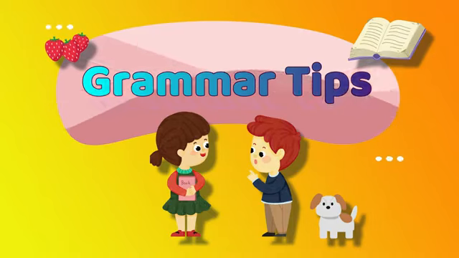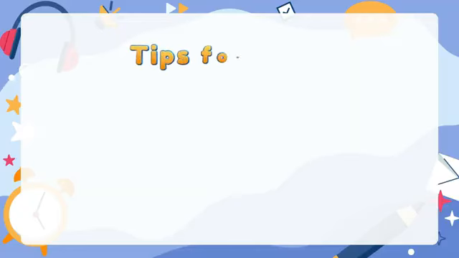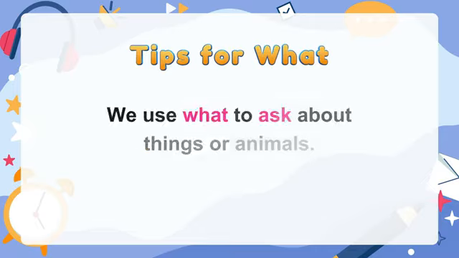Grammar tips. Let's take a look at tips for using what. When we want to ask about animals or things, we use the word what.